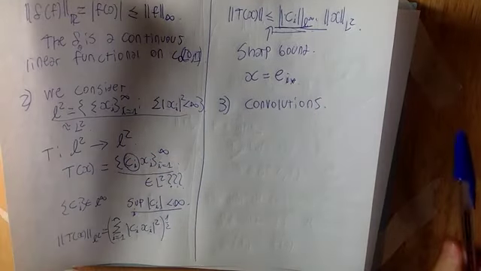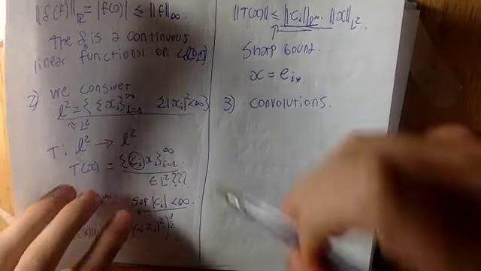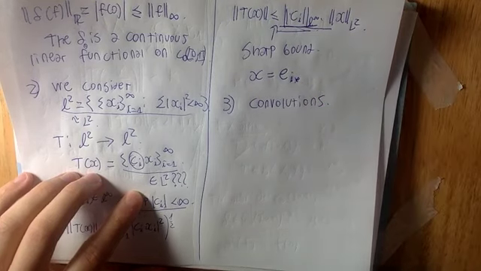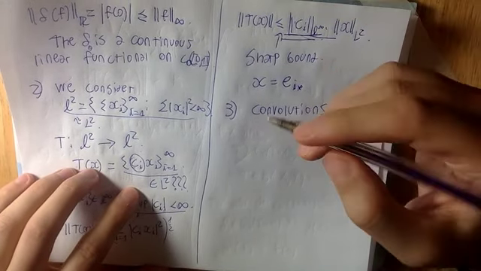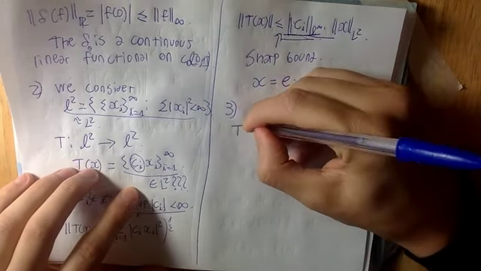There are some easy types of convolutions, and some that are a bit harder. So let's consider T that is going from L^p to L^q. We'll see.